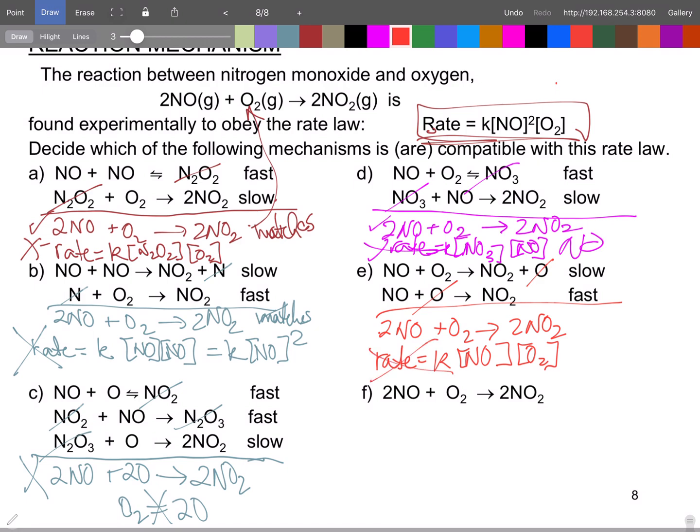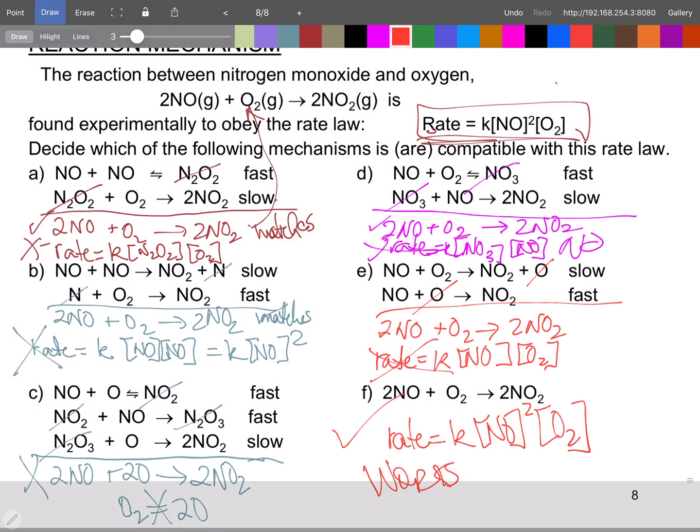So this one's not going to work. So let's look at the last one. Look, it's one step. It matches the equation. The rate would be equal to k times NO squared times O2. So guess what? It matches. It works.